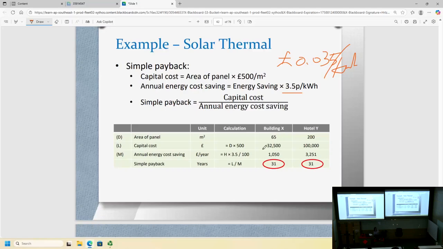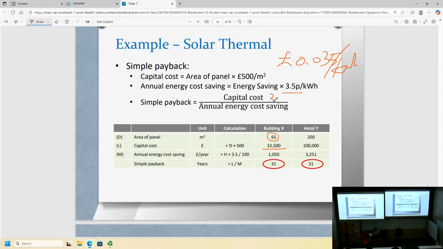So the capital cost is the unit rate multiplied by the area. So for building X, the area required is 65 square meter, and multiply 500, so we have 32,000 pound. This is the capital cost.